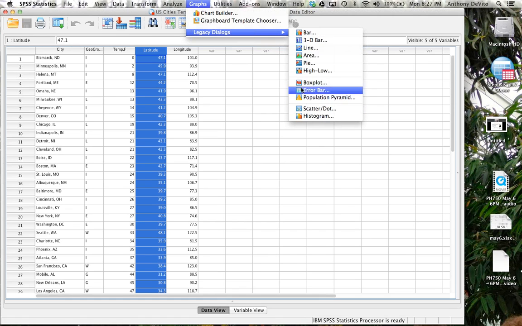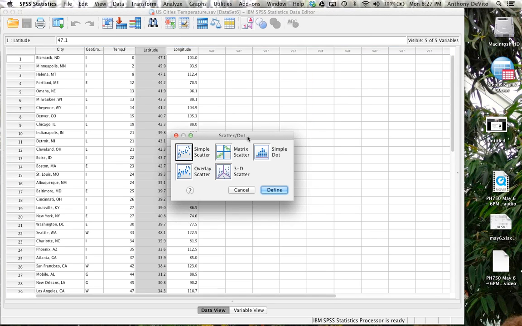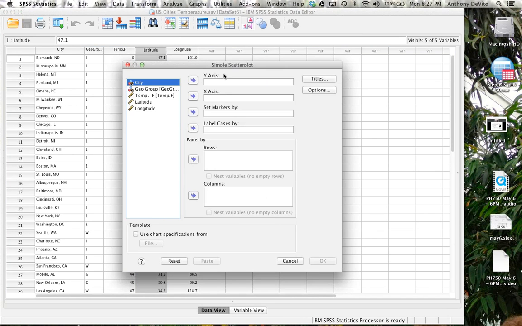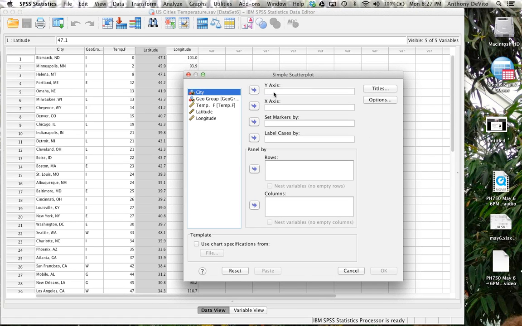I'm going to go legacy dialog, scatter dot, click on that. I'm going to tell it I want to do a simple scatter plot. A simple scatter plot is just going to ask us for our x-axis and our y-axis. So if I'm looking at latitude and temperature, again, if I'm just looking at correlation, it doesn't matter which one I put in the x and the y-axis, I'll get the same R value.